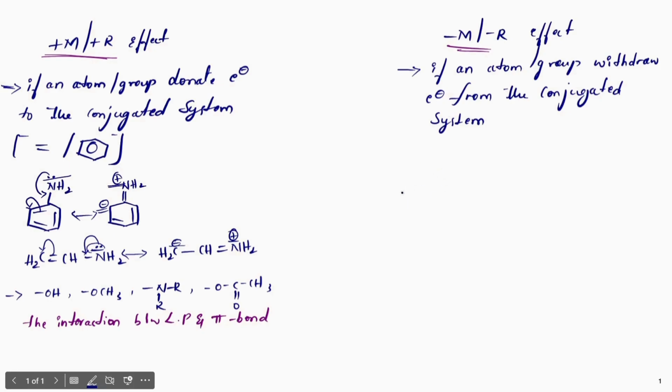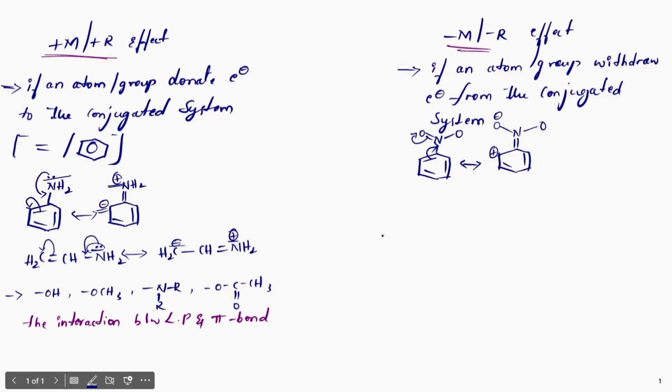For example, consider benzene to which an NO2 group is attached, N double bond O and O. The pi electrons of the benzene ring will move towards nitrogen. It can be written as double bond nitrogen, single bond O and single bond O. Here the positive charge, again double bond. Here negative charge. This is an example for negative mesomeric effect.